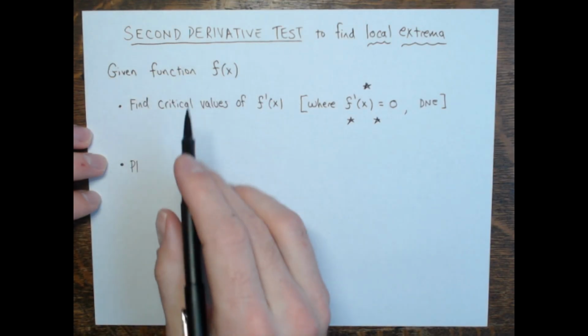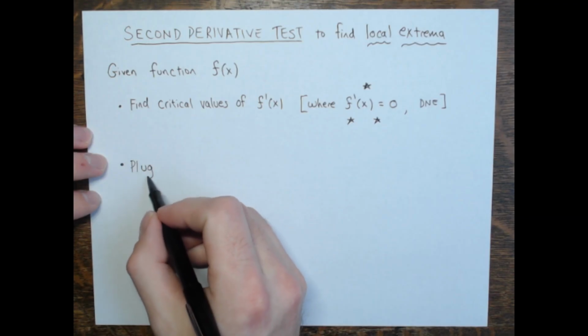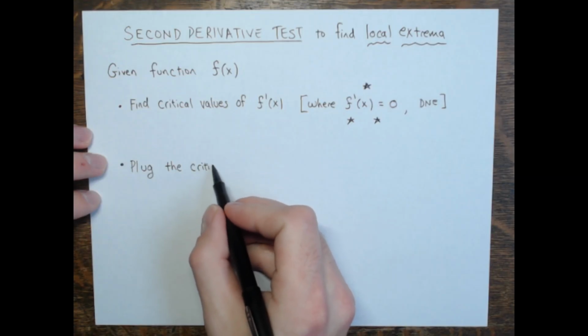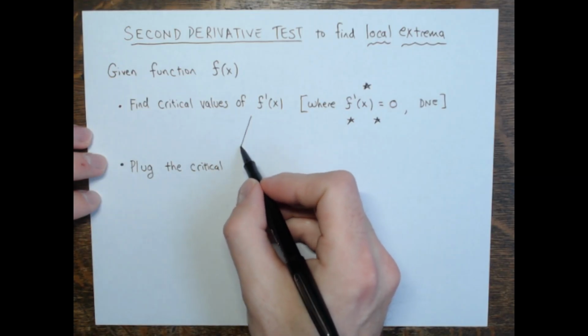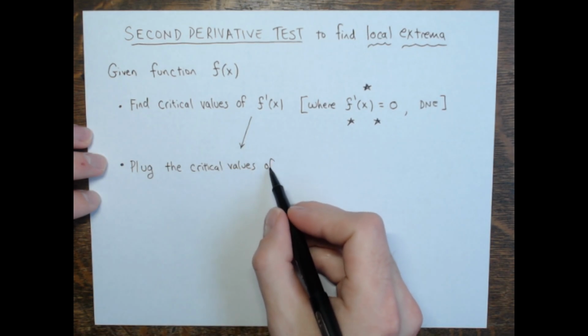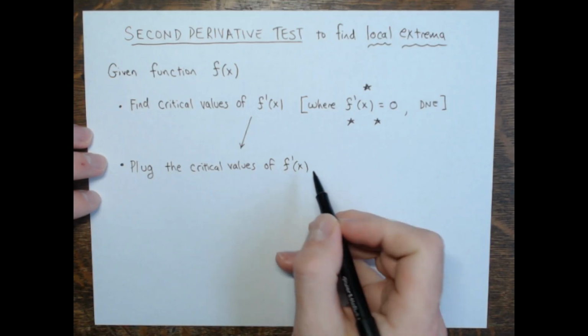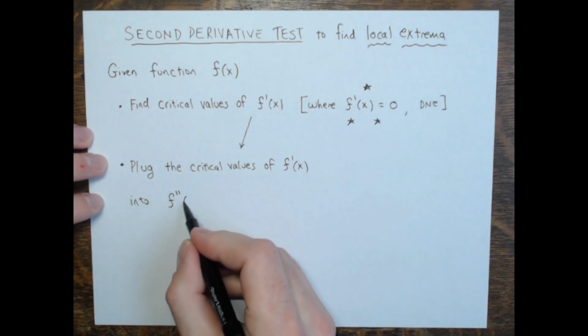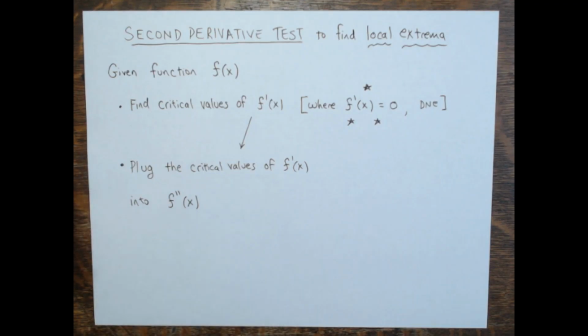This is the second derivative test. So plug the critical values of f prime, the ones you find here, into f double prime, the second derivative.